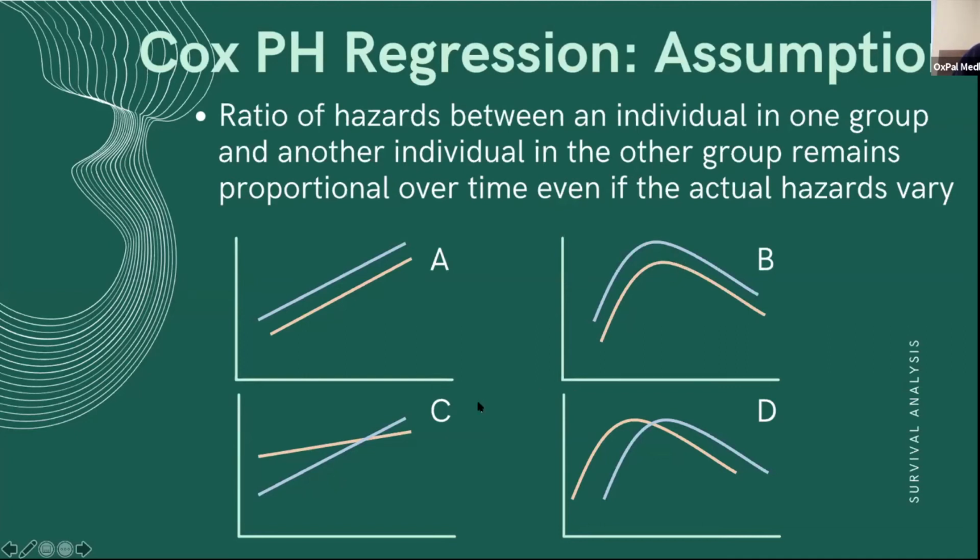For letter C and letter D, the hazards are non-proportional. We have to use different tests for this kind of data. But many of the medical data that we have actually have proportional hazards and satisfy the proportional hazard assumption.